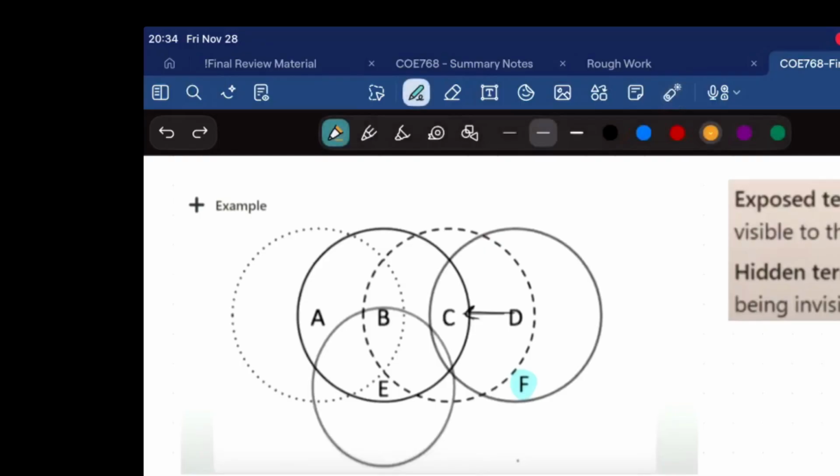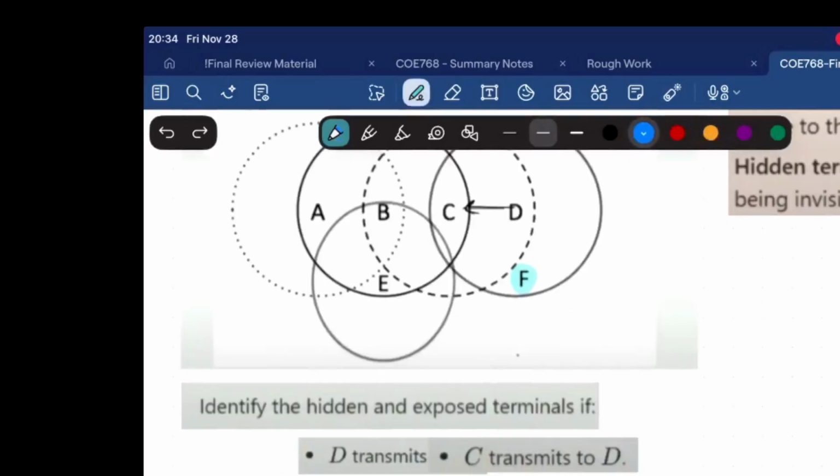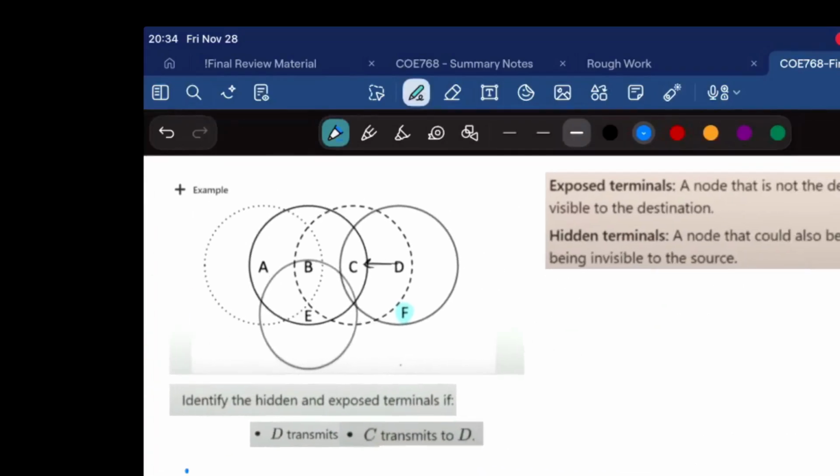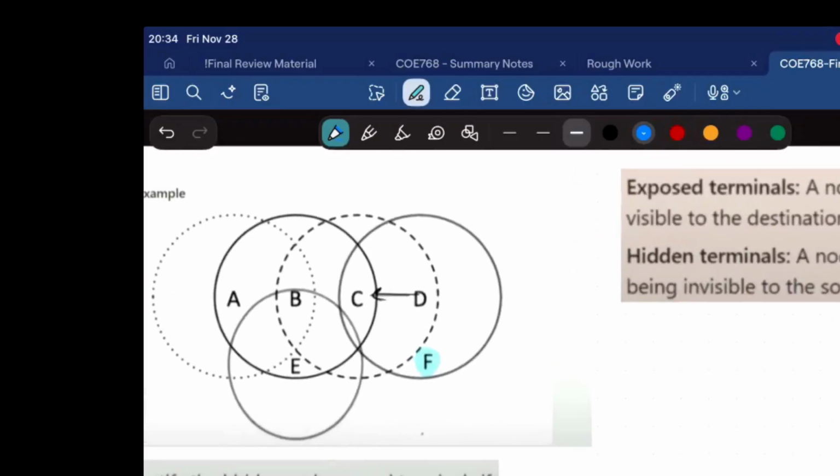So for part one, D going to C, we can see that there are terminals B and E coming into the circle.